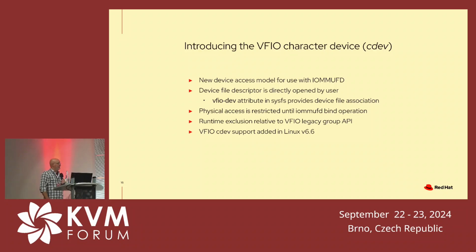And like VFIO, it's essentially a stub device until you map it into an IOMMU context, or at least have a blocking domain around that IOMMU. But once you establish that, then you can get access to the device. You can use the legacy interface and the new interface at the same time, but not across the same group. And this was added in Linux 6.6.